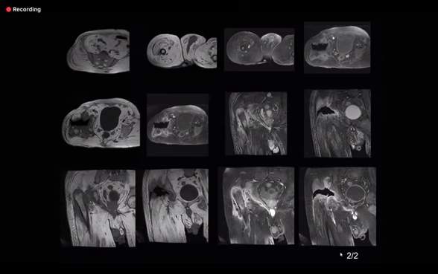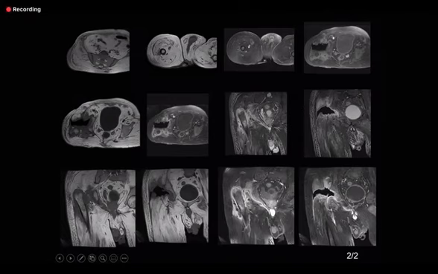So these ones are post contrast. Yeah. These are T1 non-fat saturated. Again, same. And this one, for example, is fat saturated pre-contrast T1.